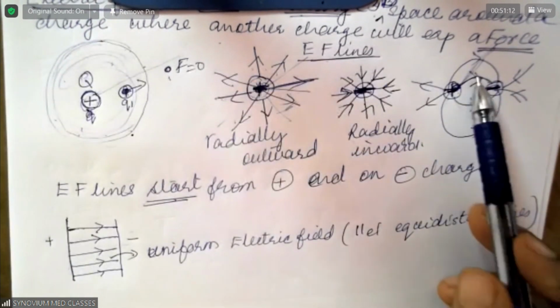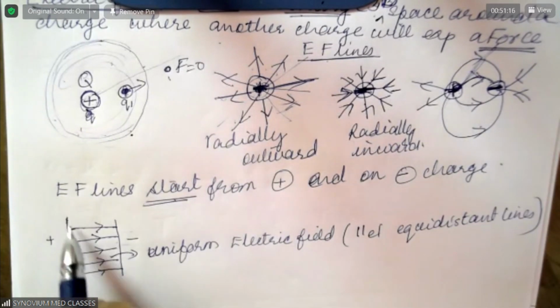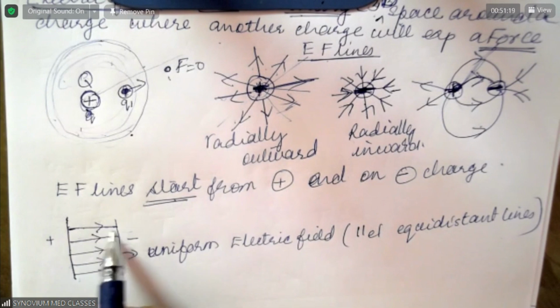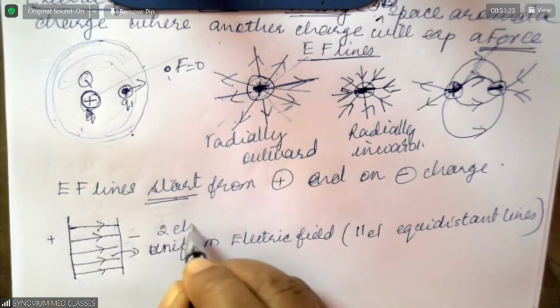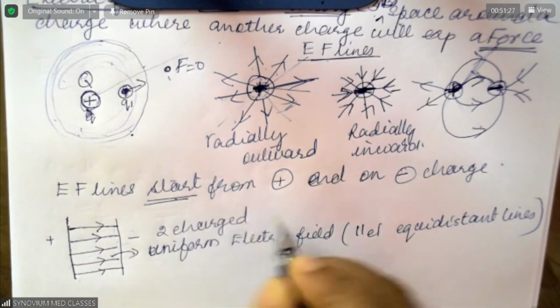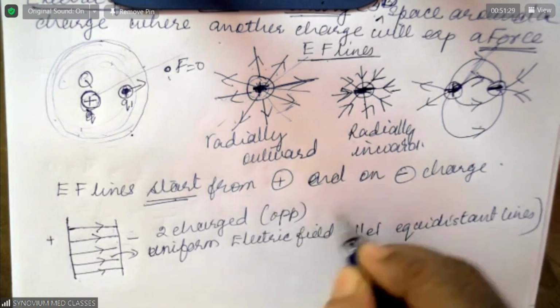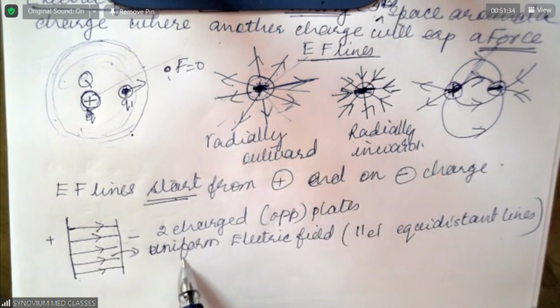Is the electric field between two opposite charges uniform? No, the lines are not parallel and not equidistant. But between two oppositely charged metal plates, you will have a uniform electric field.